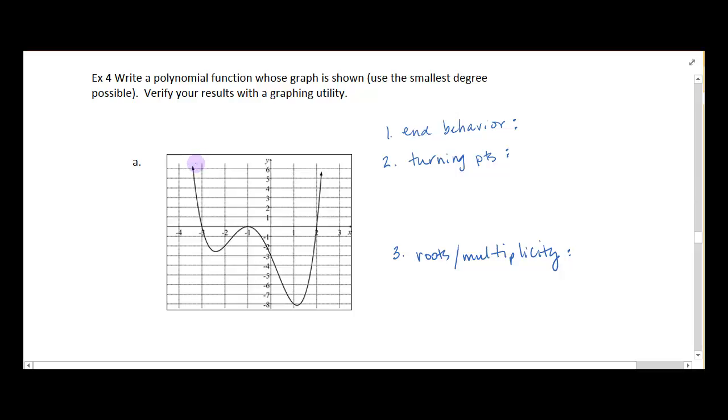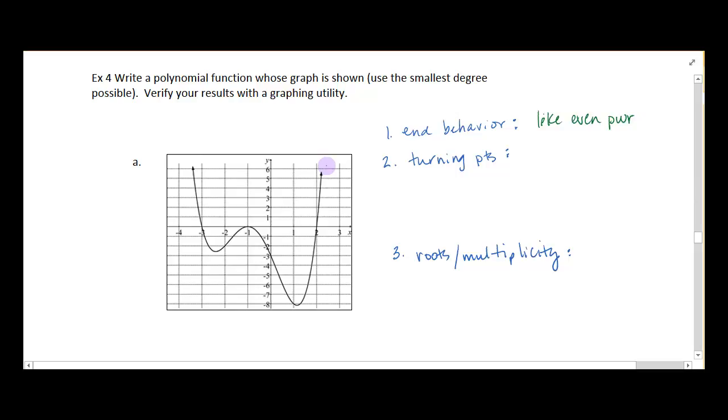They happen to be positive, so this is an even-powered function, because they both go off in the same direction.